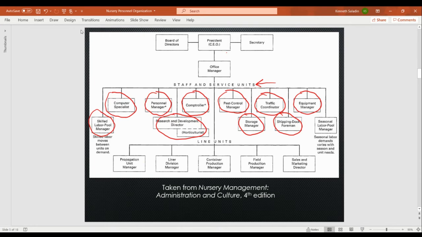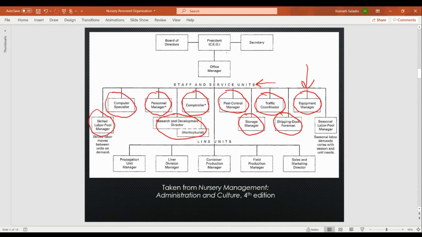And this can be a very mission critical position, because if it's harvest season and one of your harvesting machines breaks down, then you're going to be in trouble because you're depending on those tree diggers to dig trees up, and if they're not working during the digging season, that's going to be a problem. So it's important to have a good equipment manager, a good shop manager that can keep everything maintained.